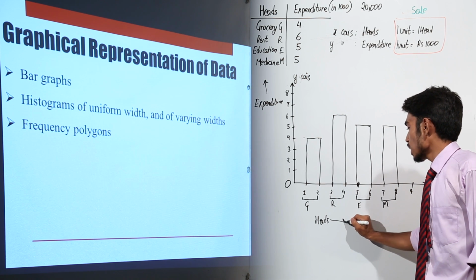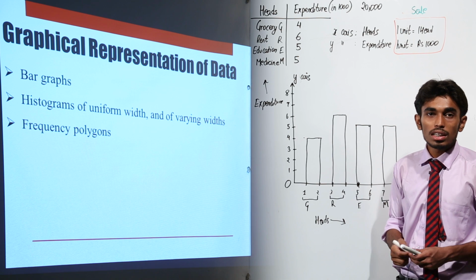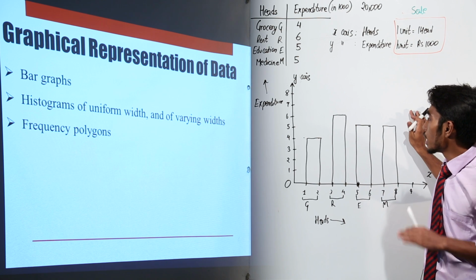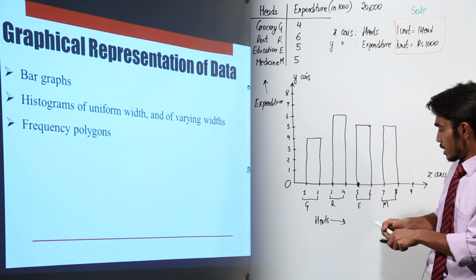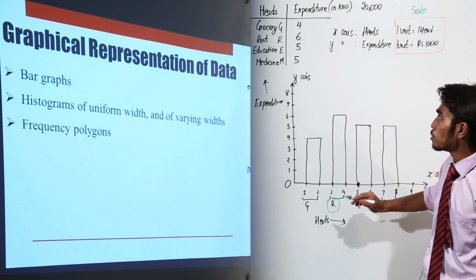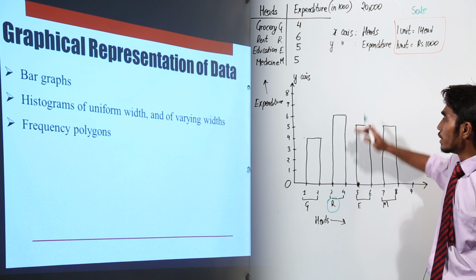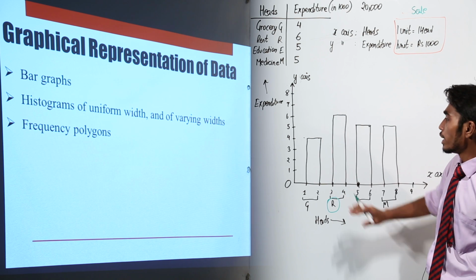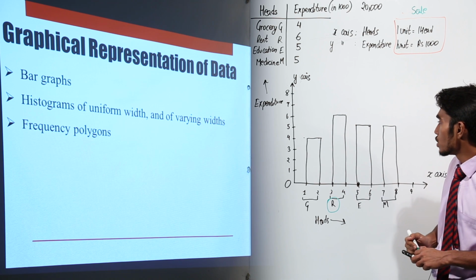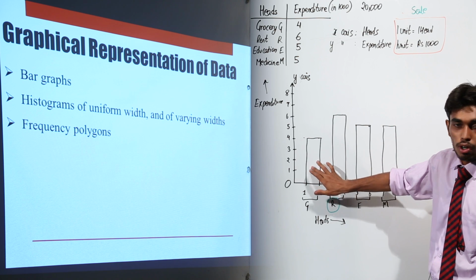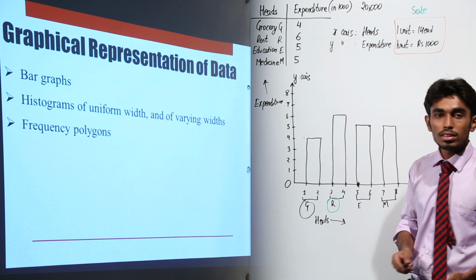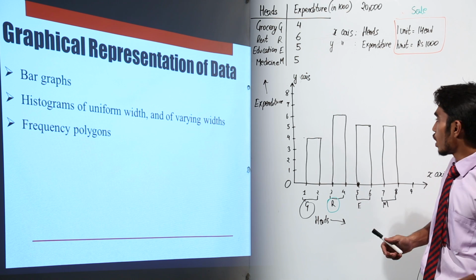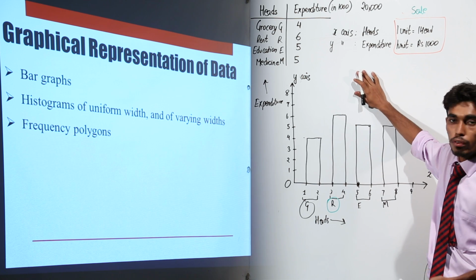Now you can easily compare that the maximum expenditure is being spent on this head, that is rent. Why? Because the height is maximum for rent. So you can say that the maximum expenditure is for rent and the minimum is for grocery items, right? So it is very easy for you to compare the data when you have presented it in the form of bar graphs.